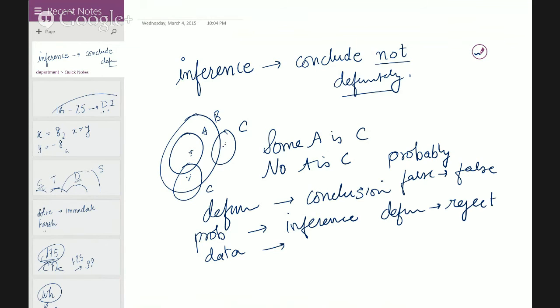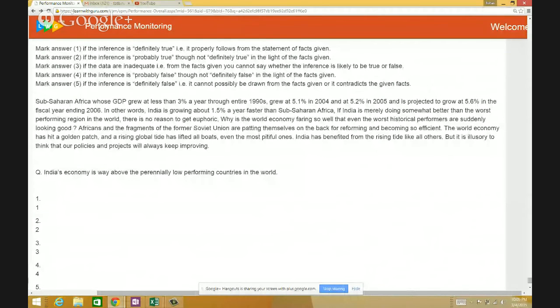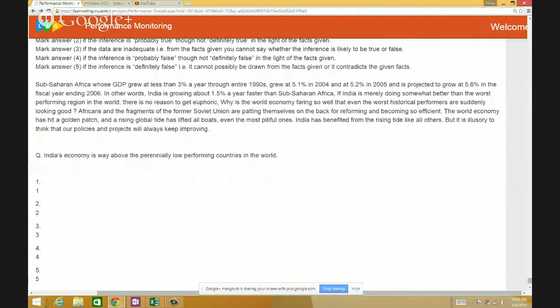So let's look at this, you'll understand it now. I'm sorry, I have to unzoom this for a while. Sub-Saharan Africa, whose GDP grew at less than 3% a year until 1990, grew at 5.1 in 2004 and 5.2 in 2005, projected 5.6 in fiscal 2006. In other words, India is growing at 1.5 years faster than Sub-Saharan Africa. If India is merely doing somewhat better than the worst performing region of the world, there is no reason to get euphoric.